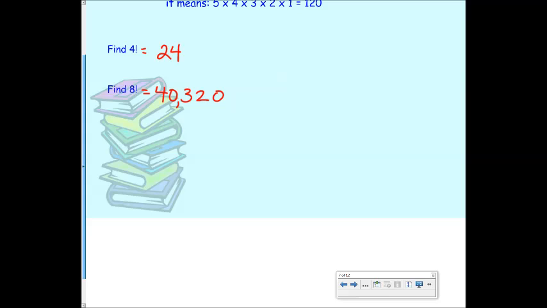How many choices do you have for chair number 1? 8. But the next choice, how many do you have? 7. Why only 7? Because somebody's sitting down, so they can't sit in the first seat and the second seat.